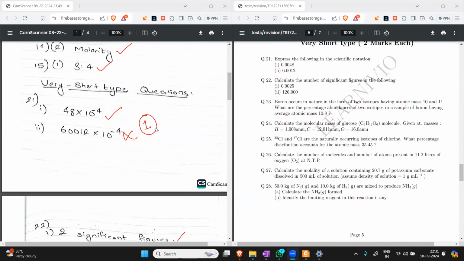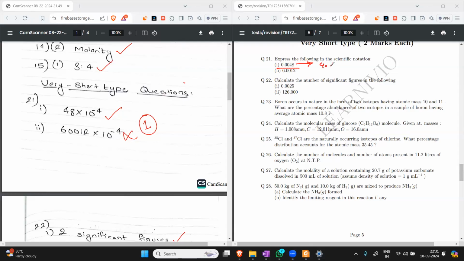ये आपको नहीं पता क्या, साइंटिफिक नोटेशन? Do you know scientific notation? Yes, sir. I know. कैसे होता है बताइए जरा. You have to represent this in scientific notation.